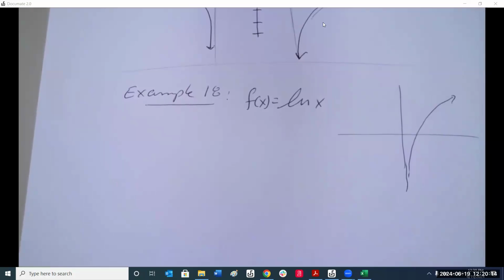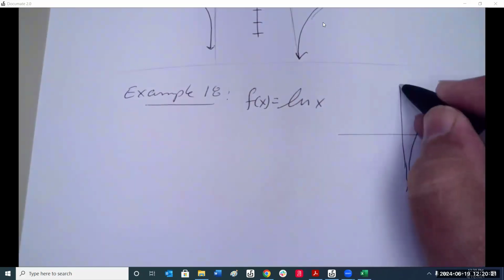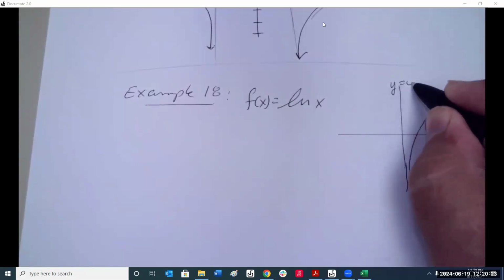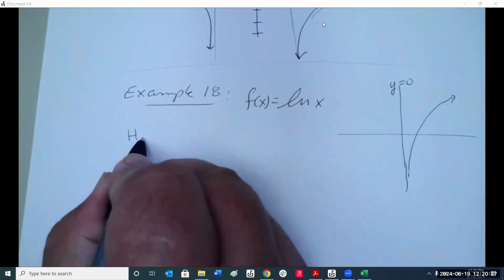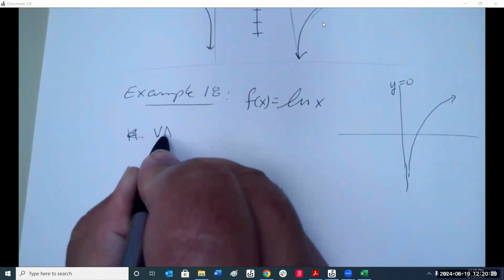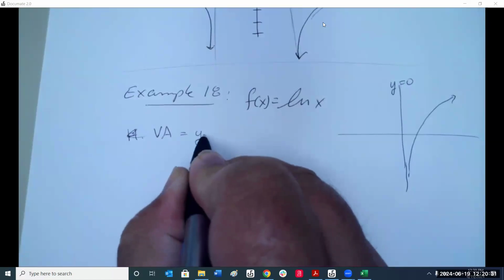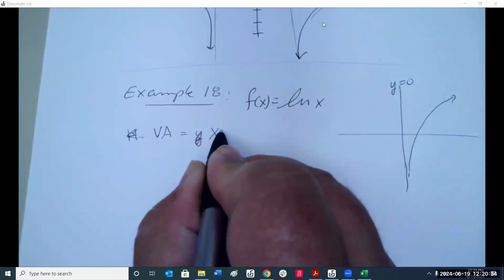Does it have a vertical asymptote? Yes. The y-axis. So the vertical asymptote is at x = 0.